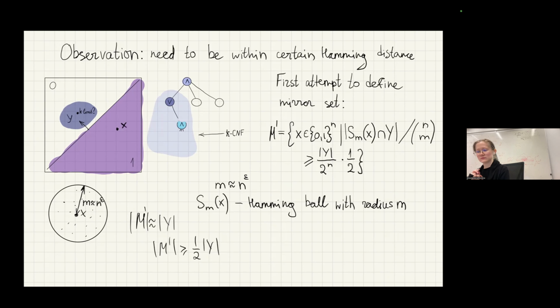So we're now picking x's that are fairly close to the y set on the other side. Yes, and quite close, meaning that they have lots of points from y inside the hemisphere of the appropriate radius.